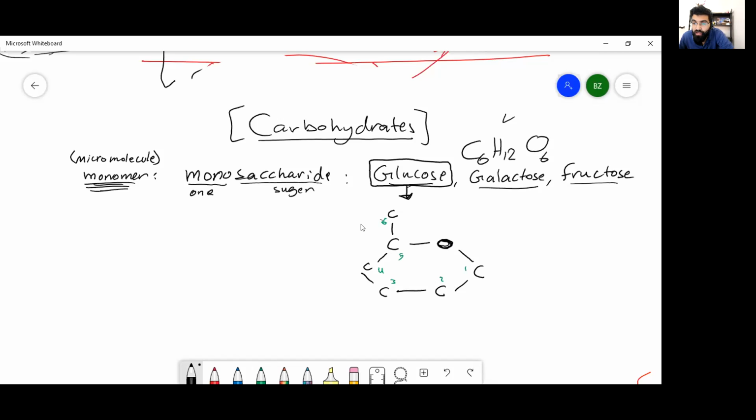a hydroxyl group and hydrogen. Do you know what hydroxyl is? This one, OH. This is hydroxyl. So this one has H, OH. Wait, I want to draw it in a different color. H, OH.